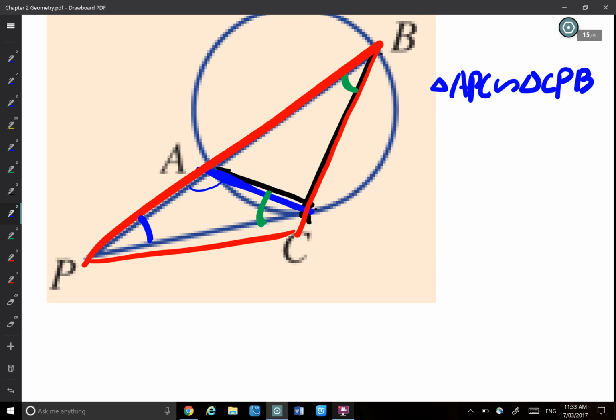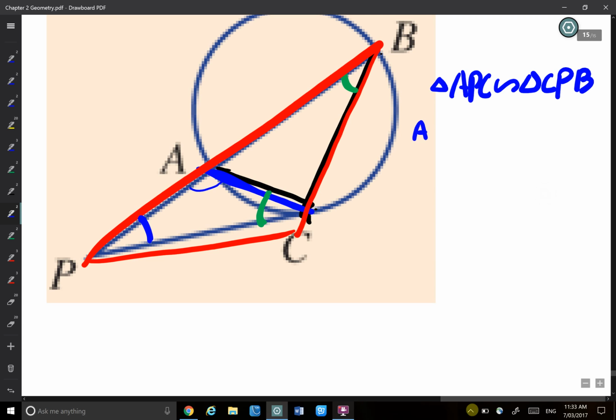So we have AC over BC equals, let's say the big one is opposite to PC and this big one is opposite to BP.